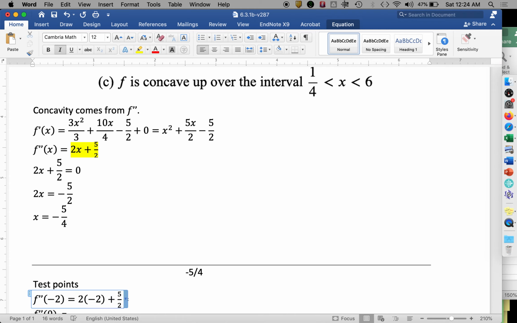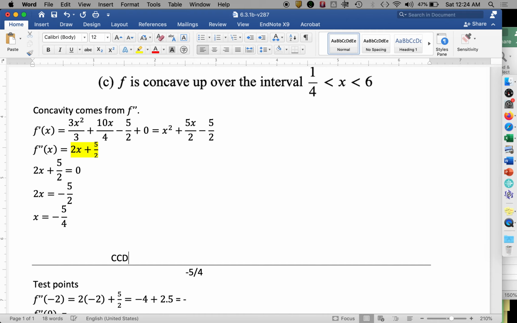And I just need to know whether this answer is positive or negative. So that is negative 4 plus 5 halves is just 2.5, right? So that is a negative answer. And I don't care what the value is, I just want to say that it's negative. So on the left, I've got that it's negative, which means concave down.